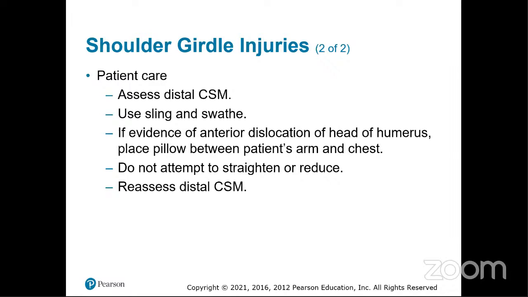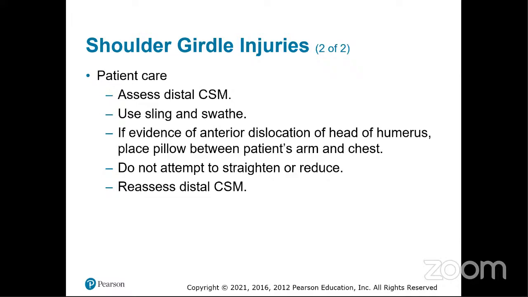So for them, we're going to assess the distal CSM, circulation, sensory, and motor is what the CSM stands for. We're going to use a sling and swathe, which we'll show you guys. If there is evidence of anterior dislocation of the humerus, place a pillow between the patient's arm and chest. If you have a broken humerus and you just shove it tight to them without that, it actually can take that humerus and bend it out.